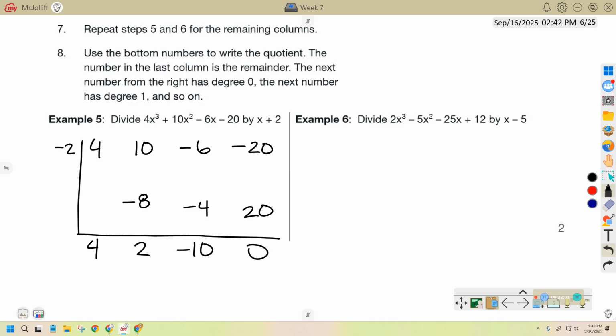Add down, multiply by k. The whole process until we get to that last column. Reminder that this last number is the remainder. These are the coefficients on my quotient.